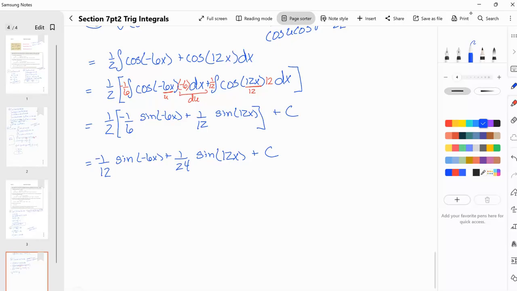We know sine is an odd function, which means I could think about that negative being out here, which would make that a positive 1 over 12 sine of 6 times x plus 1 over 24 sine of 12x plus c.